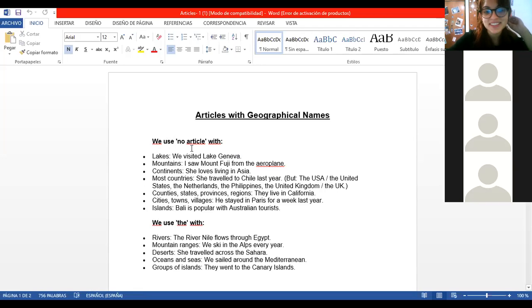It's okay, no worries. So we said continents, countries, states, villages or provinces. Also lakes, mountains, and islands. Those without an article. Now, we use the with rivers, with oceans and seas. So, if you see, I'm grouping them differently because this is water. Oceans and seas, also water. So, if you have rivers, oceans, seas, we use the.